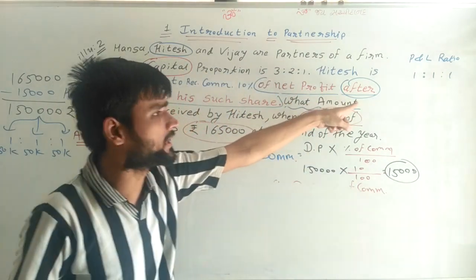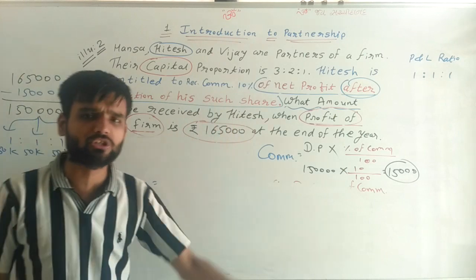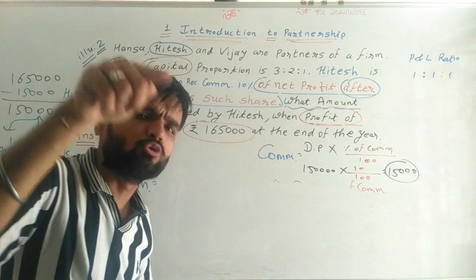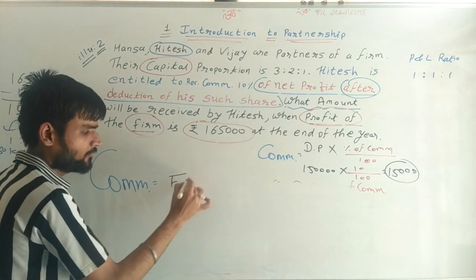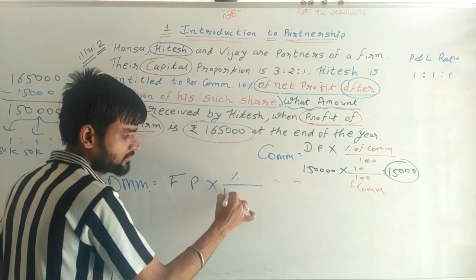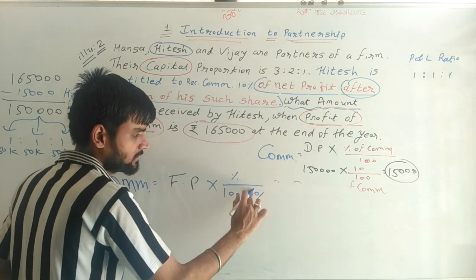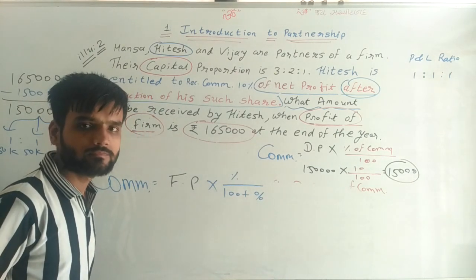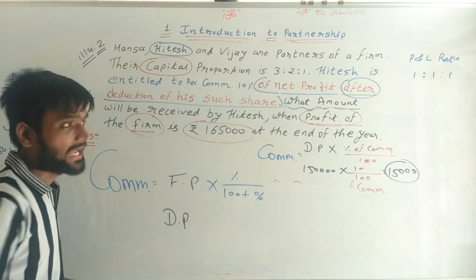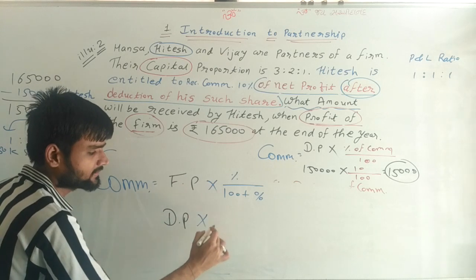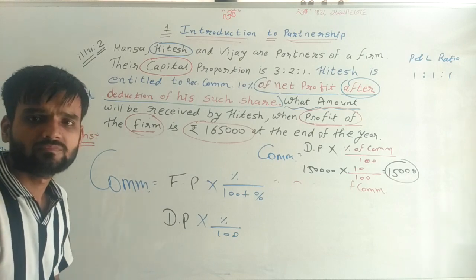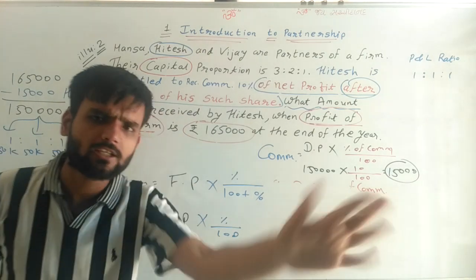Whenever this statement is given, profit after deduction of such commission, then remember only two formulas. Which profit is given to you? If firm profit is given, then firm profit into percentage divided by 100 plus percentage. And if divisible profit is given and this statement is given, then directly find percentage upon 100. That's it. You will get the 3 marks definitely.